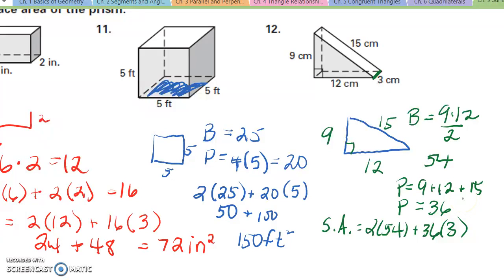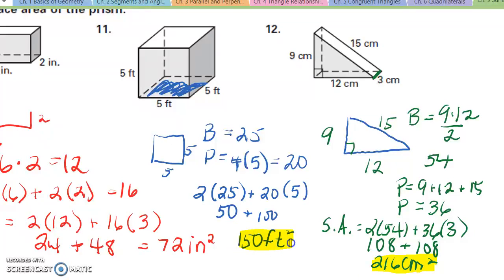Okay, so 2 times 54 is 108, and 3 times 36 is also 108. So we add them together and we get 216 centimeters squared. Okay, so for your triangular prism, 216 centimeters squared.